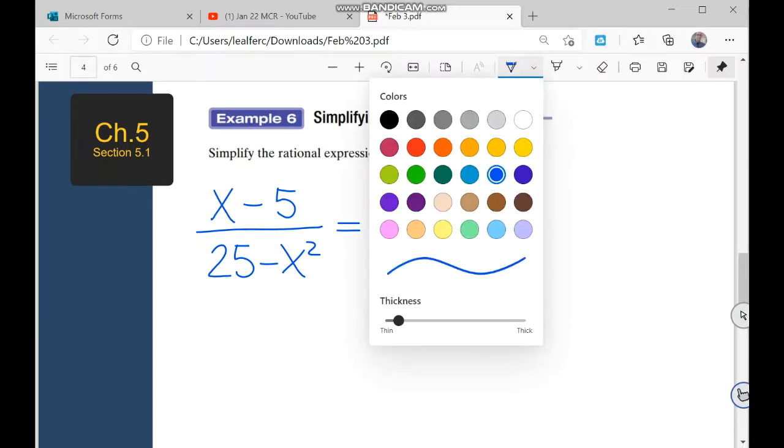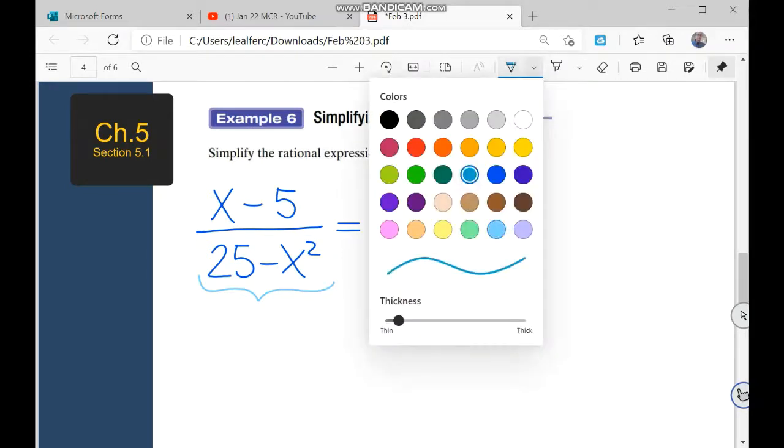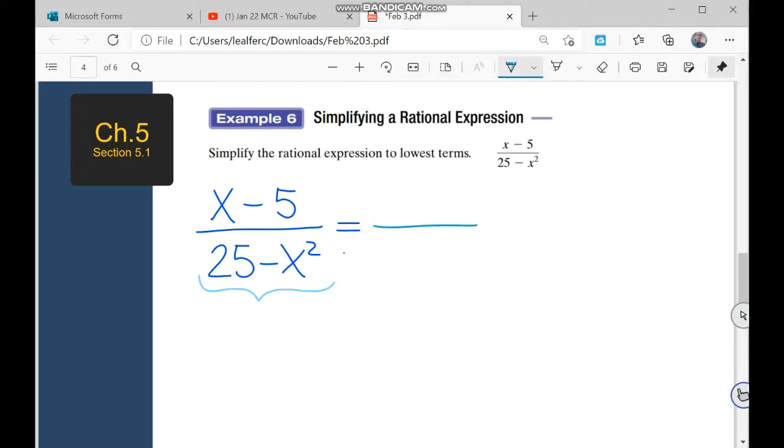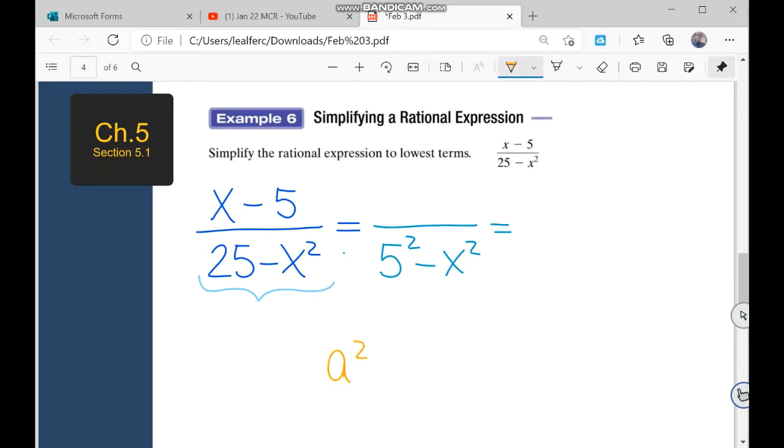You have to remember that 25 minus x squared is the same thing as 5 squared minus x squared. And this is a formula: a squared minus b squared equals a minus b times a plus b.